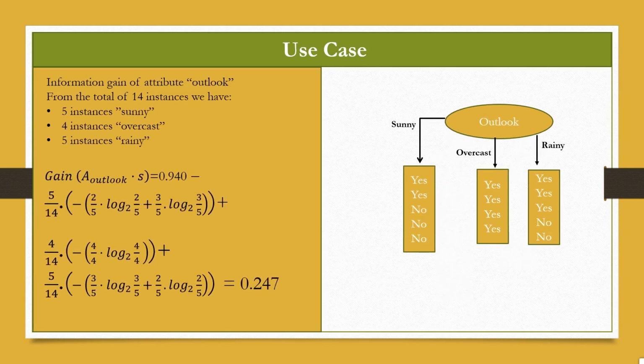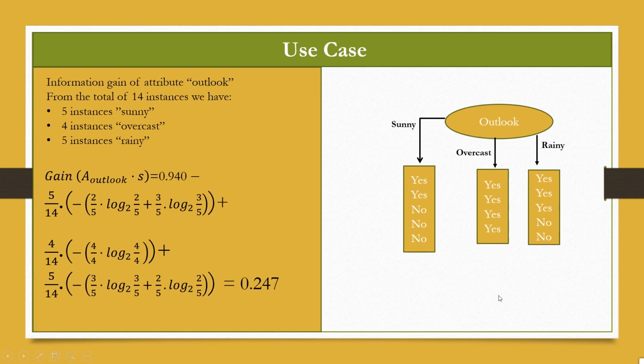So let's calculate the information gain of attribute outlook. From the total of 14 instances, we have 5 instances with sunny, 4 instances which are overcast and 5 instances which are rainy. For sunny, we have 3 yes and 2 no. For overcast, we have all 4 yes.